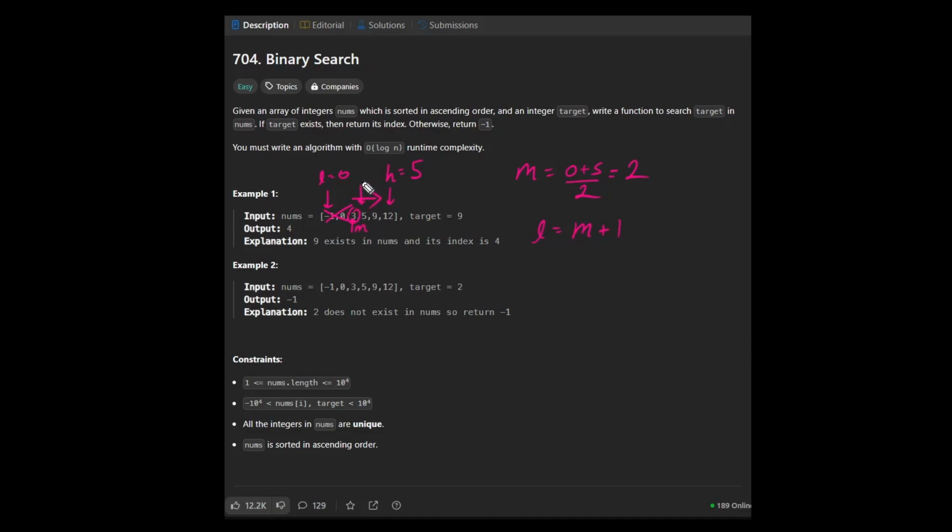So L is over here, H is over here. Now, what would be the middle point? 5 plus 3 by 2, that is 4. So we are over here. Is this the target? And the answer is yes. We got the target.